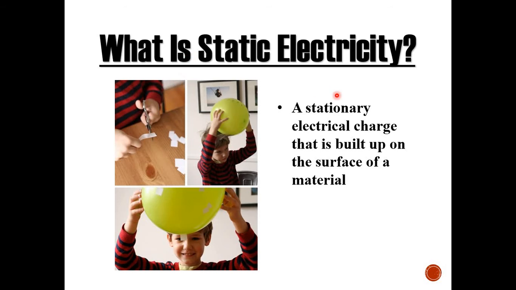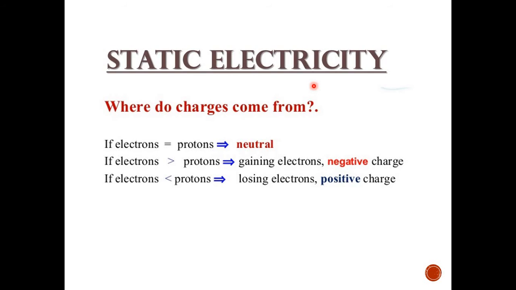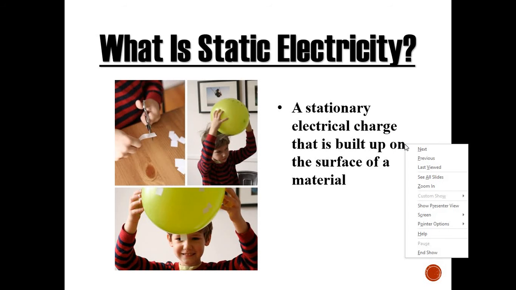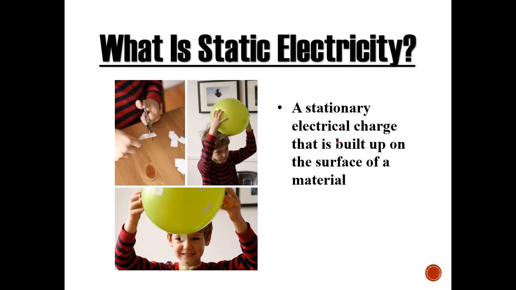So what is static electricity? Static electricity is a stationary electric charge that is built up on the surface of a material. The keyword here is stationary. What is stationary?